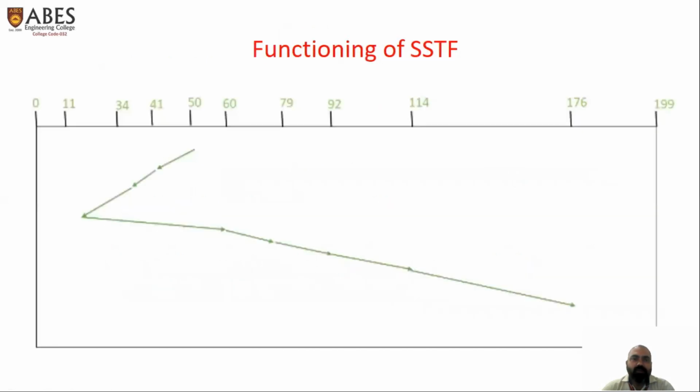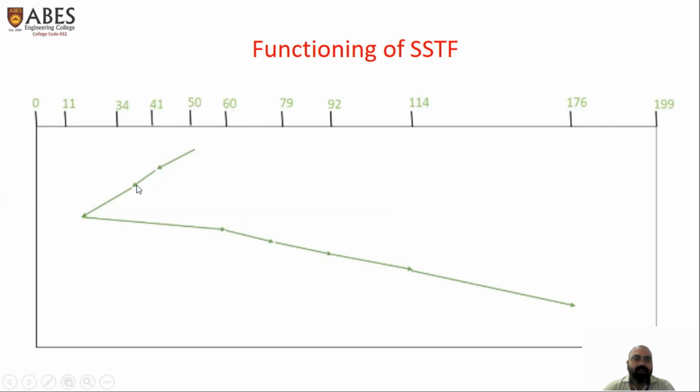Now see how SSTF will function. From the current head position 50, it will move to 41 because 41 is the nearest request to the location where the head currently resides. So it will move from 50 to 41.